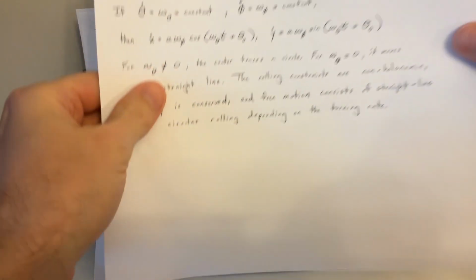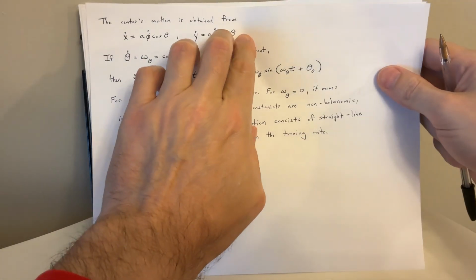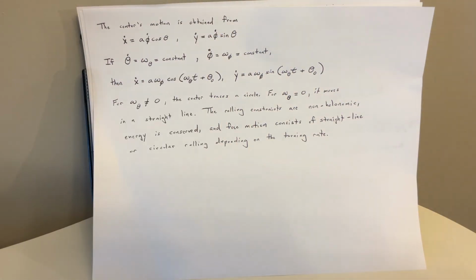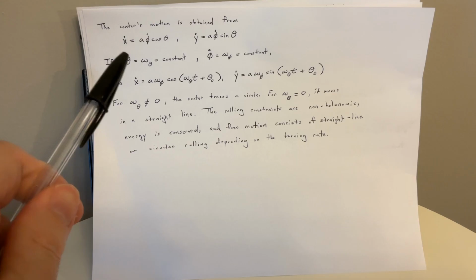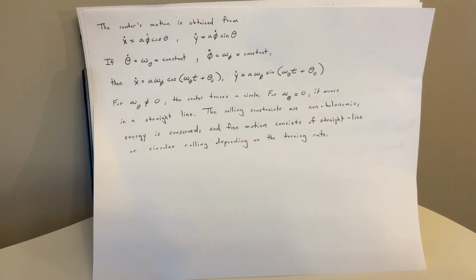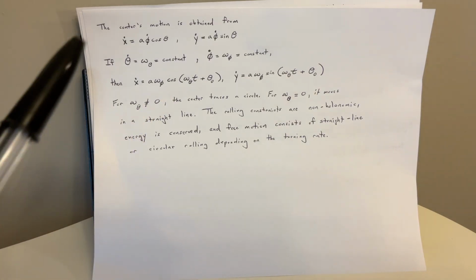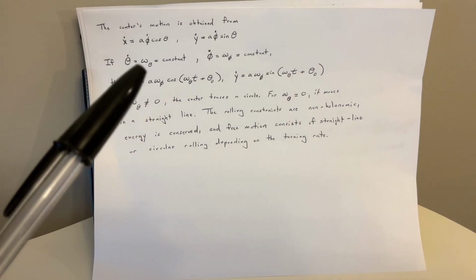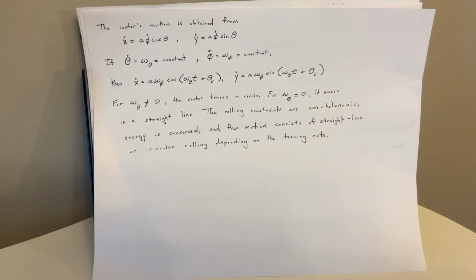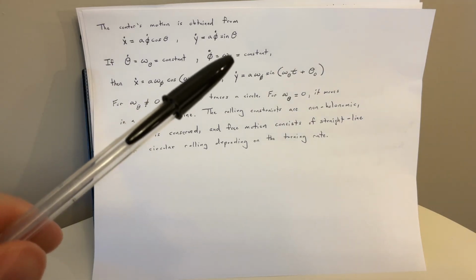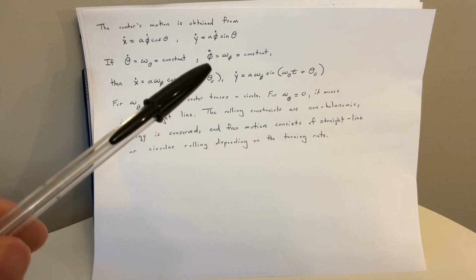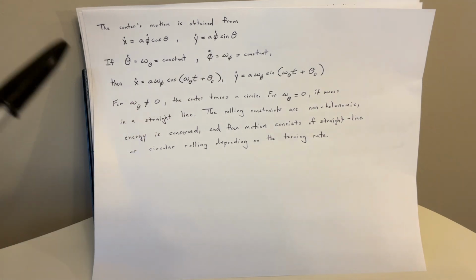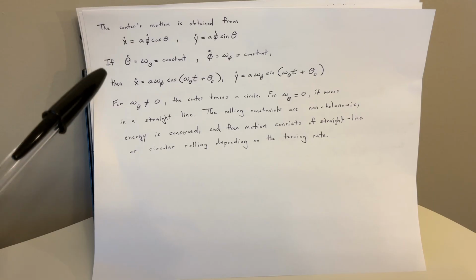So for here, we could say the center's motion is obtained from x dot equals a phi dot cosine theta, y dot equals a phi dot sine theta. And if theta dot equals omega sub theta equals constant, let me start here again in this line.